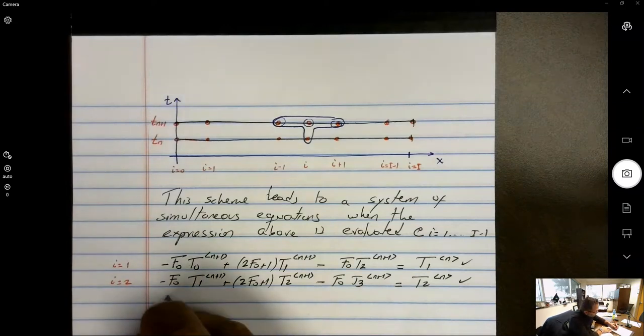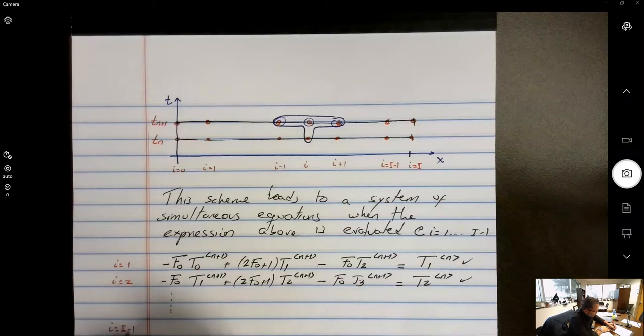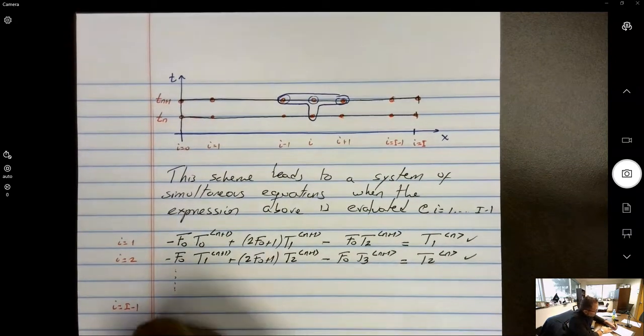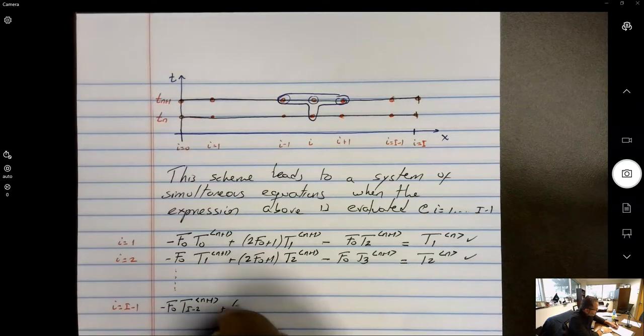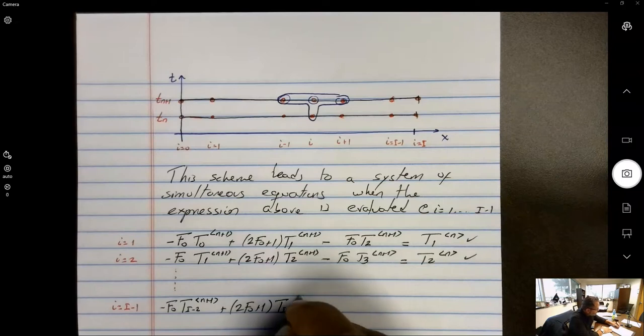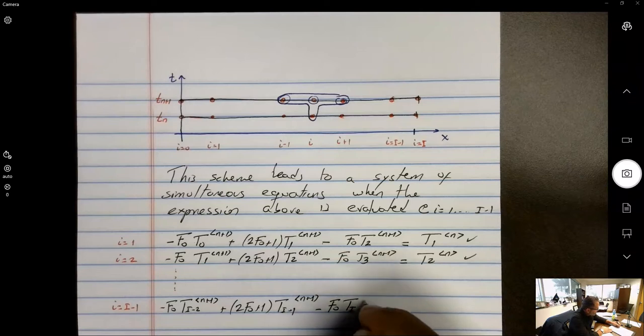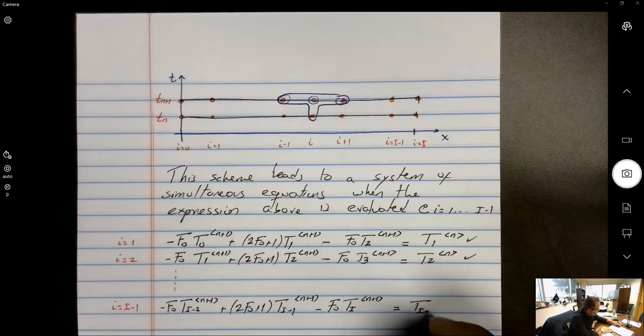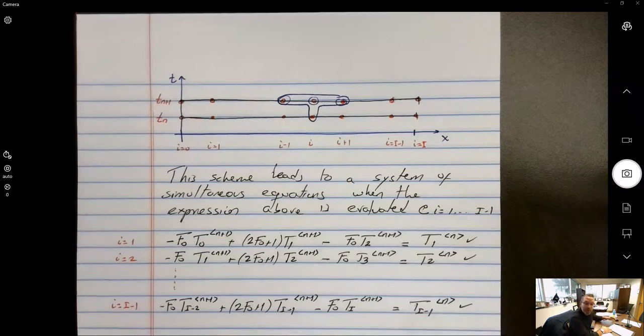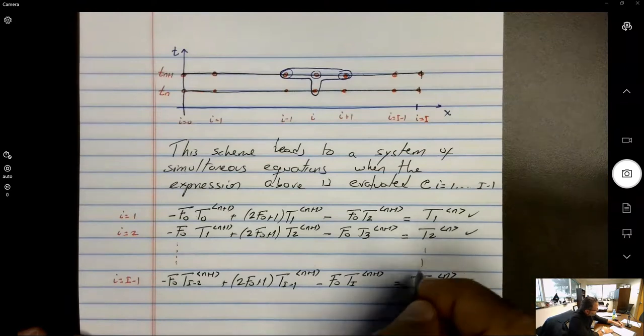And then at I equals I minus 1, we have minus f0 Ti minus 2 at n plus 1 plus 2 f0 plus 1 Ti minus 1 at n plus 1 minus f0 Ti at n plus 1 is equal to Ti minus 1 at n, which we know. So everything from the previous time step n, we know.